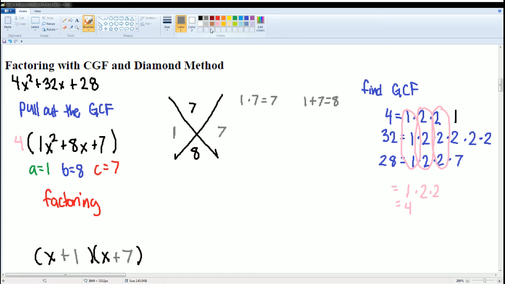But remember, you pulled out the GCF, so make sure you bring down that 4 as well. Notice that I brought down the GCF because that's still part of it, and here are the rest of the terms. Okay, but there you go. These are all the notes for week 5, the factoring method called the diamond method.